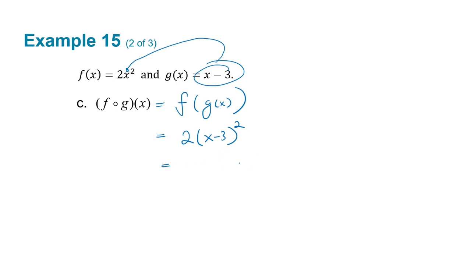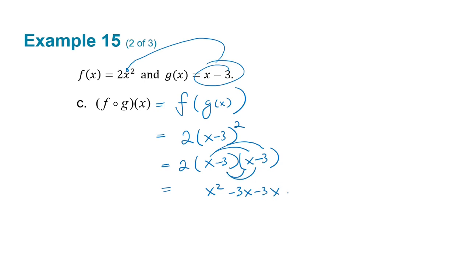Now when you square this, you have to FOIL it out. This is equivalent to 2 times x minus 3 times another x minus 3. So be careful, you have to FOIL this out. X times x is x squared. X times negative 3 is negative 3x. Negative 3 times x is negative 3x.